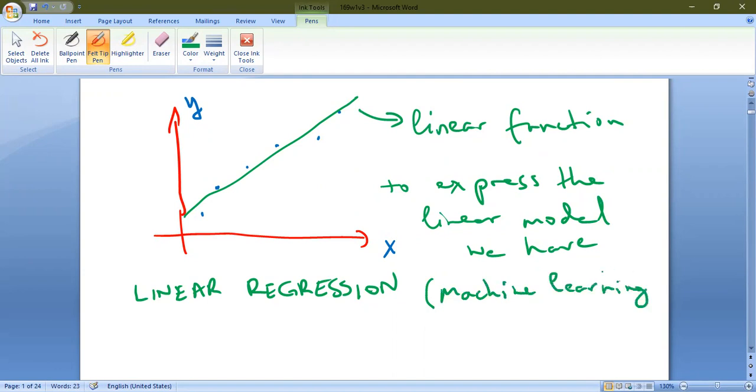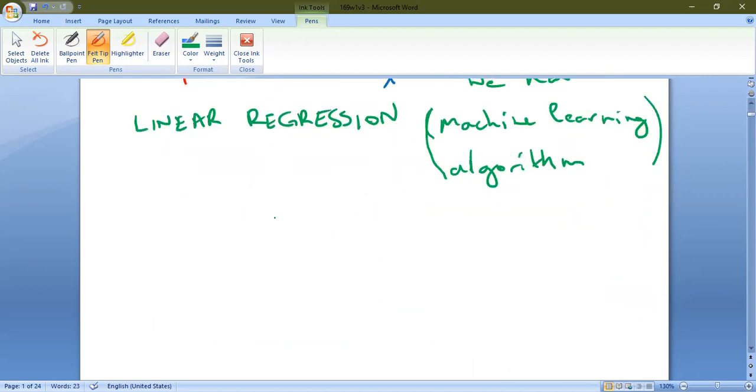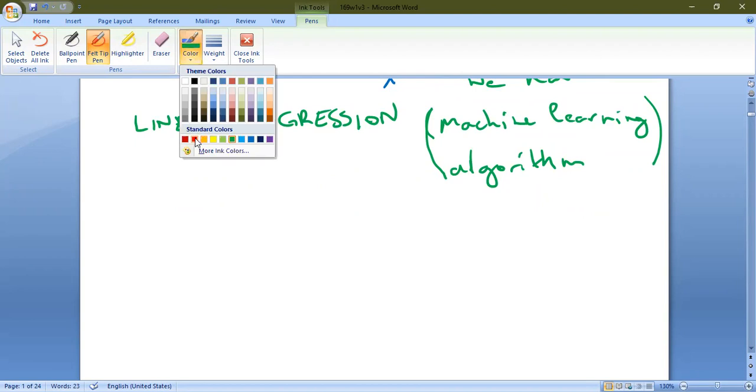So you have some table of some big data, you scatter it in an XY plane, and then if it could be expressed via some linear function like this, it's called a linear regression. And then this linear regression will give some linear function which can be used to predict other results for other x values.